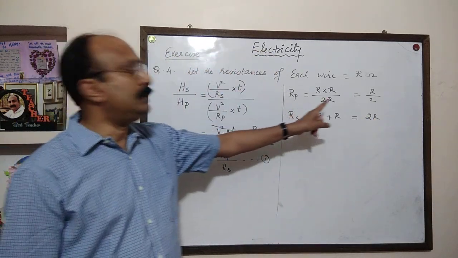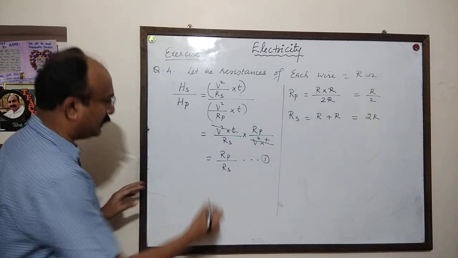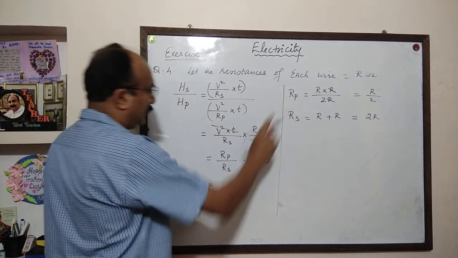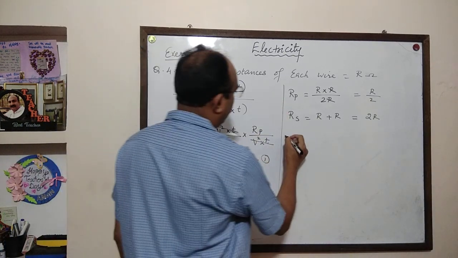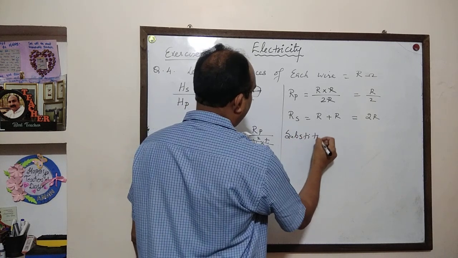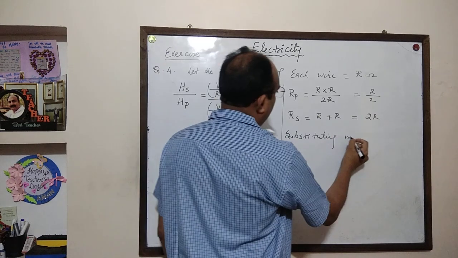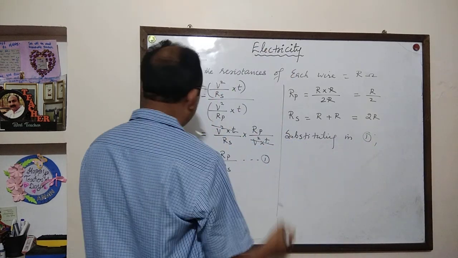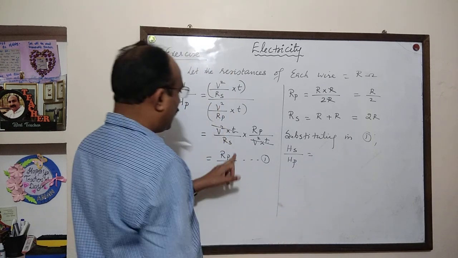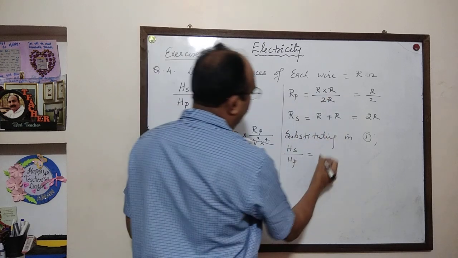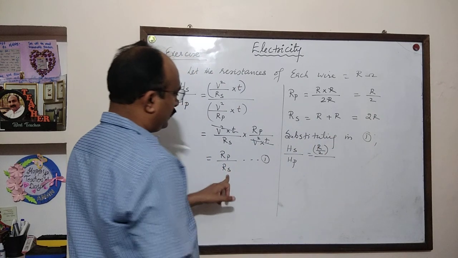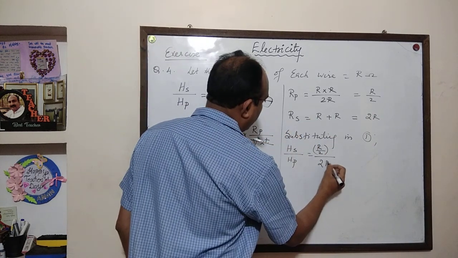Now I am going to substitute these values R upon 2 and 2R here. So in place of Rp, so you have to continue from here. Okay, or you can write substituting in equation 1, Hs upon Hp equal to Rp upon Rs. In place of Rp I will write R upon 2, in place of Rs I will write 2R.